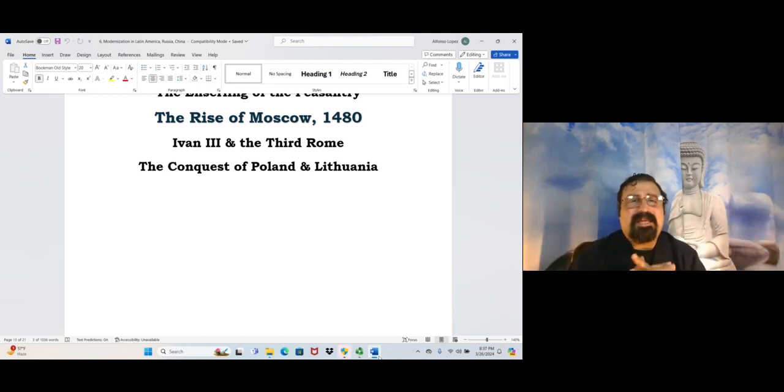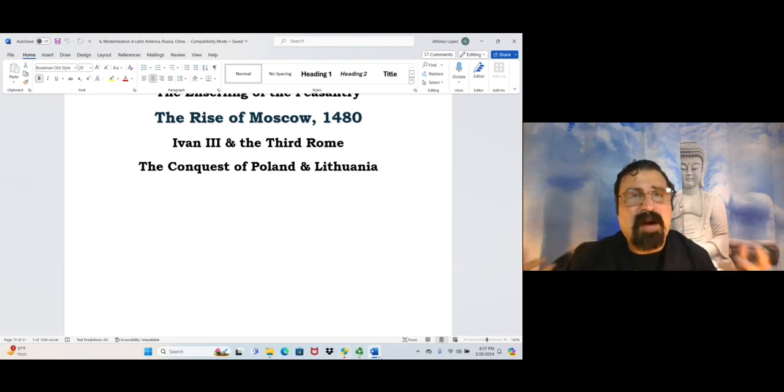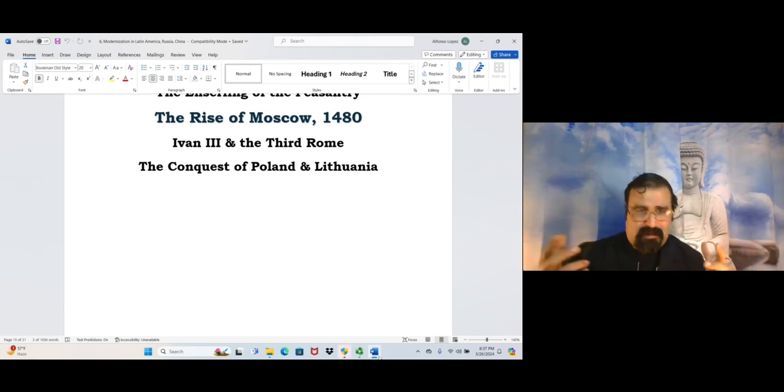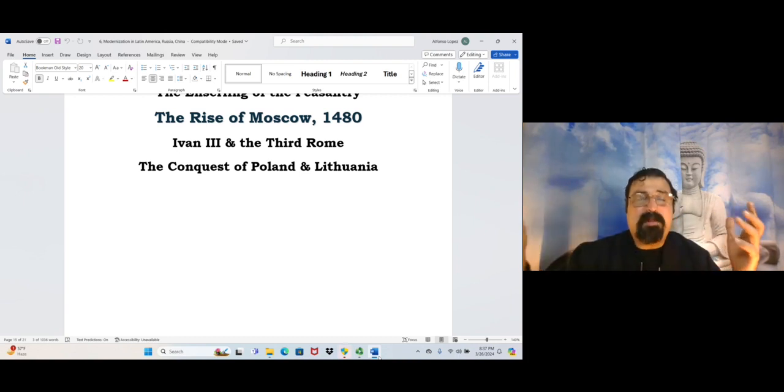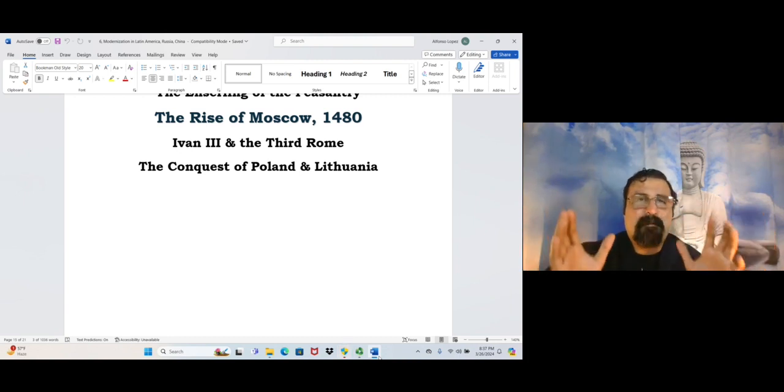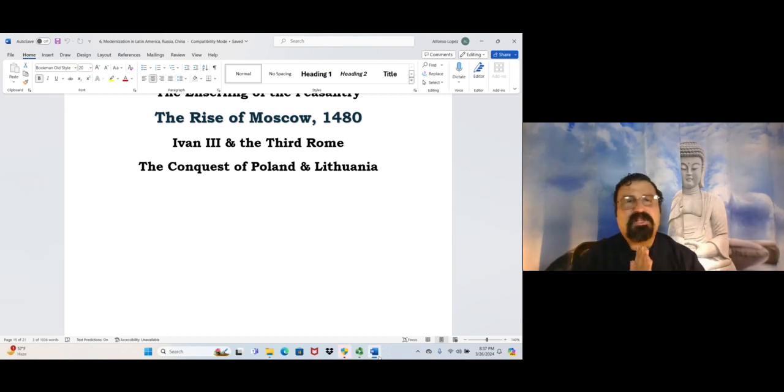By 1480, it starts to exert significant dominance over that region. And they're on their way to start really building, slowly but surely, an empire. Again, Moscow will become really the kind of capital, if you will, of an emergent imperial system. It's really barely rising up in 1480.